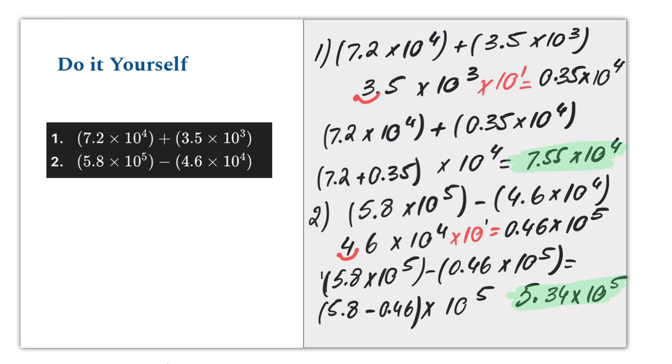As you notice from my examples, I only rewrote the smaller number, and that makes it easy and consistent because I was consistently moving the decimal point towards the left because it was the smaller number, multiplying by 10 and adding the exponents. So if you use this method and are consistent, only rewriting the smaller number, you should be able to match the exponents and continue with your addition or subtraction.